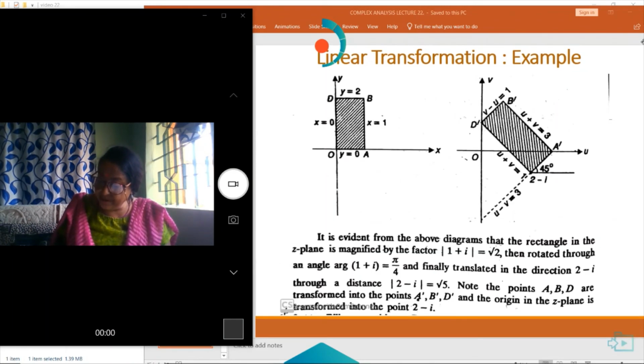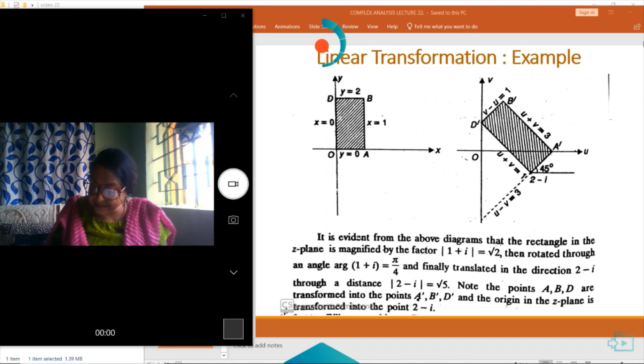It is evident from the above diagram that the rectangle in the z plane is magnified by the factor modulus of 1 plus i, that is root 2, then rotated through an angle that is arg of 1 plus i, that is pi by 4, and finally translated in the direction 2 minus i through a distance modulus of 2 minus i, root 5.